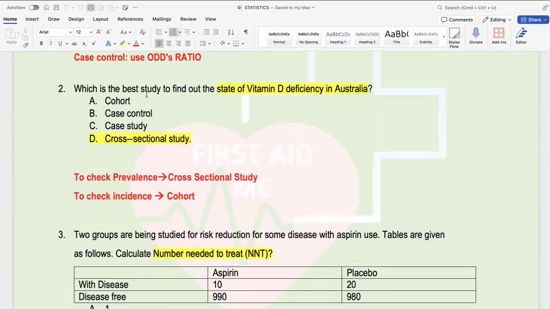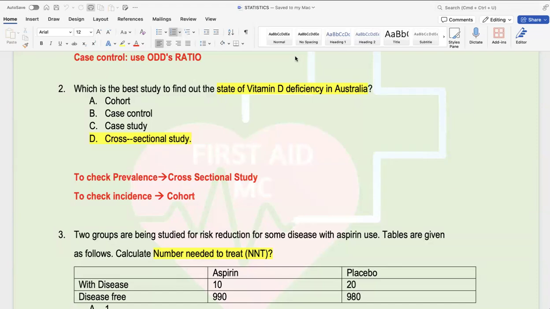Next question: which is the best study to find out the state of vitamin D deficiency in Australia? What do you understand from it? They want to know how many people in Australia are vitamin D deficient at the moment. What they're asking is prevalence at a particular point of time in a particular community. What will you do?